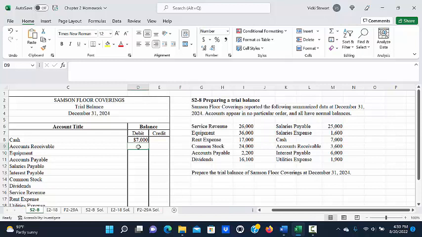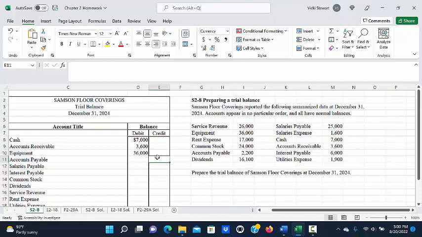Our next account is an asset, accounts receivable. So again, $3,600 will go in the debit column. Equipment is an asset, and that will go in the debit column. It is $36,000. And then we get to accounts payable, which is a liability. Remember your accounting equation. Our liabilities have a normal credit balance because assets equals liabilities plus owner's equity.